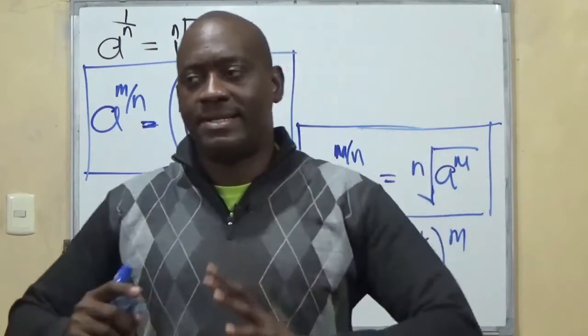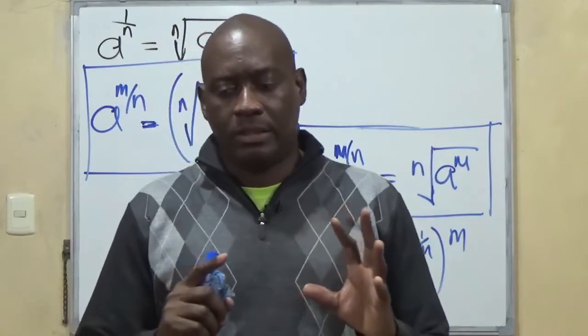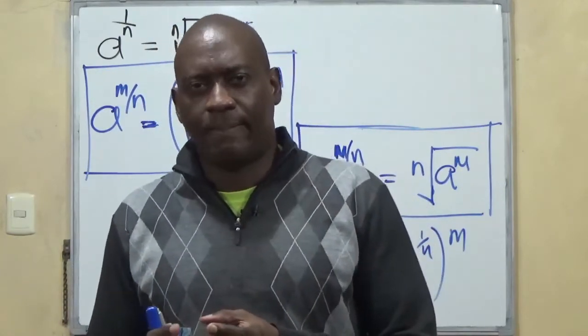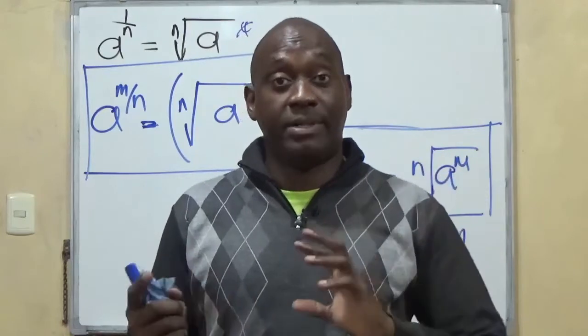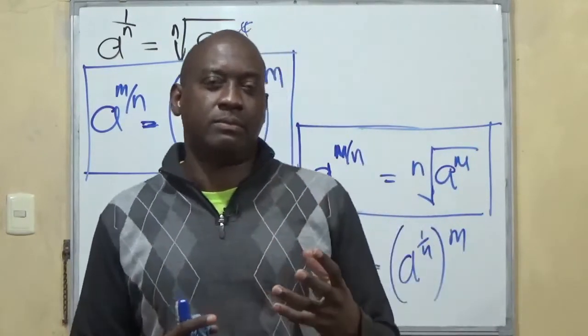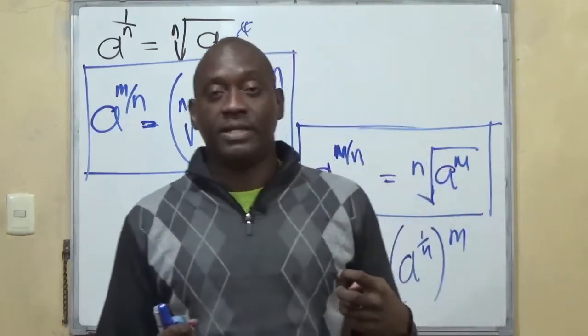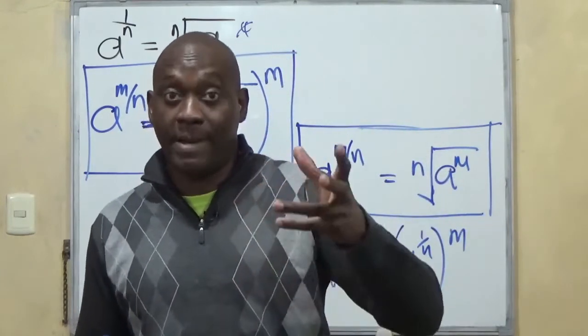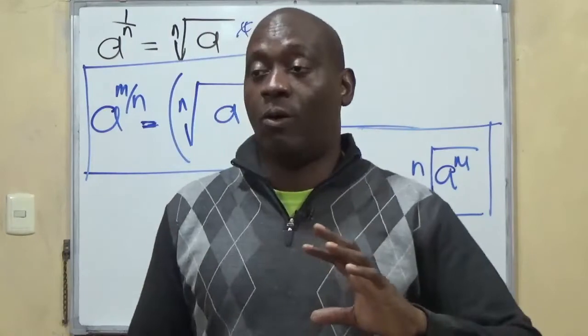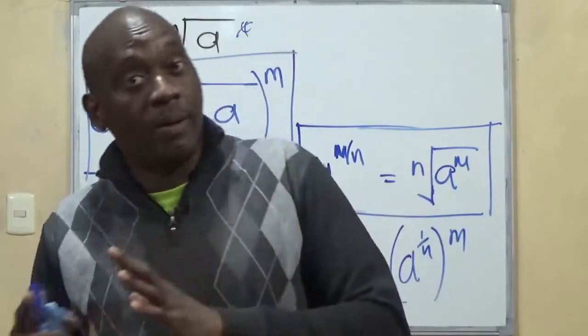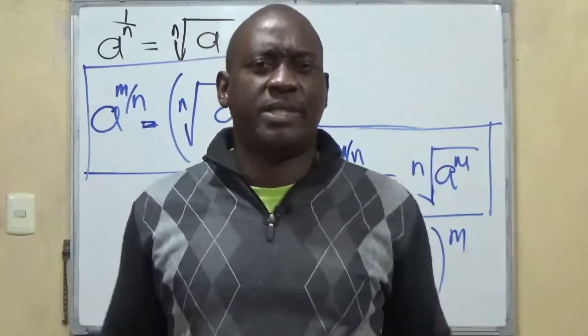Because if you could understand that when you have a power inside the bracket and you have power outside the bracket, it multiplies, then you could work it in reverse and break it up into the product of a root by the power or the product of a power by the root. So here what I'm going to do.